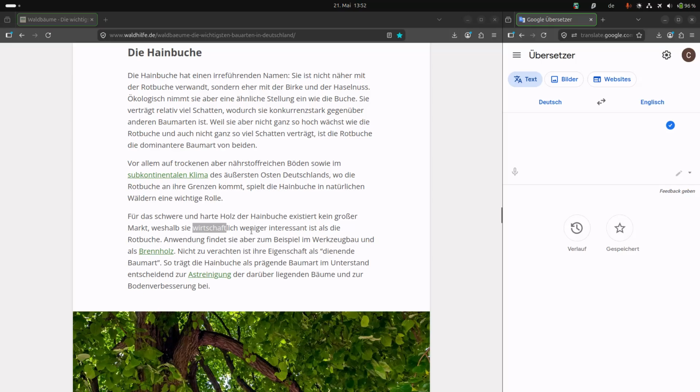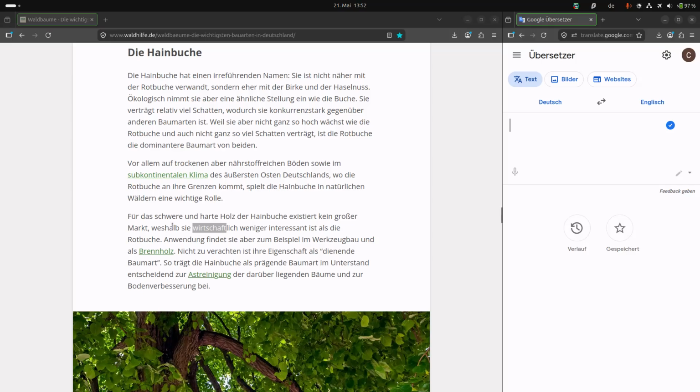And weniger, less, interessant, interesting, ist, is, als, than, die Rotbuche, European beech. So for the heavy and hard wood of the hornbeam exists no big market, for which reason it is economically less interesting than the European beech.